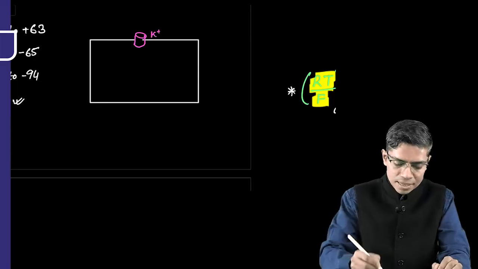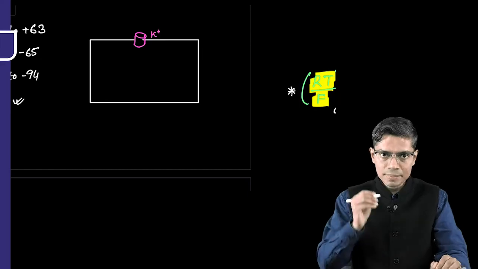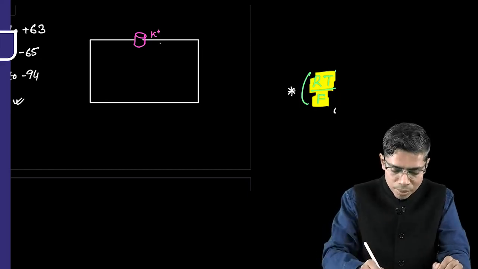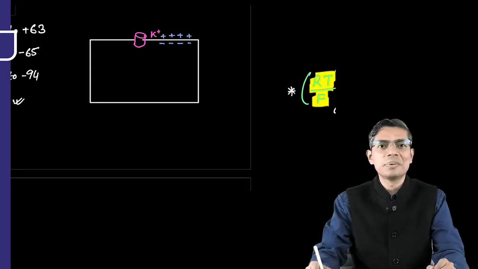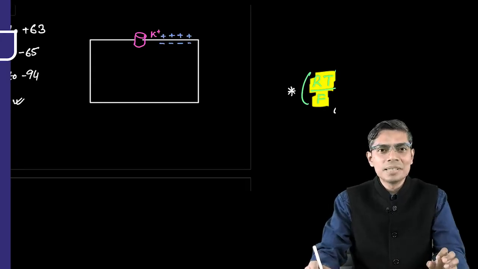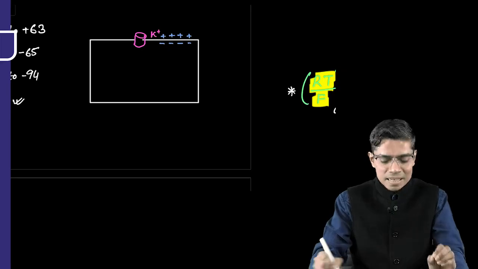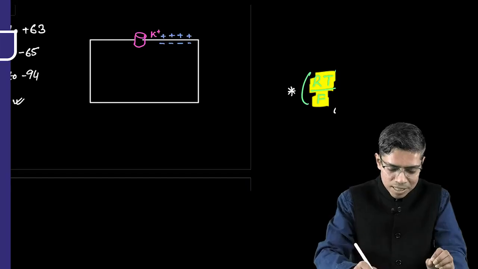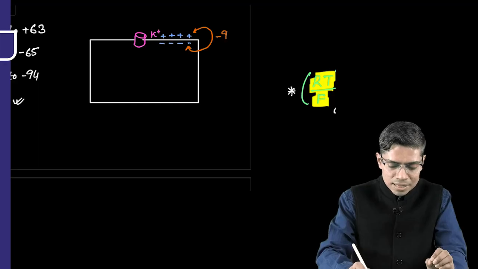So, in resting condition, in equilibrium condition, what will be the potential difference between inside and outside of this cell membrane? Obviously, you will be able to answer. What will be the equilibrium potential, or what will be the resting voltage difference between inside and outside this cell membrane? Answer is minus 90 millivolt.